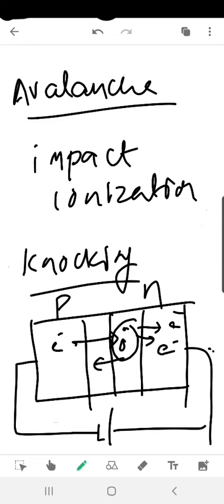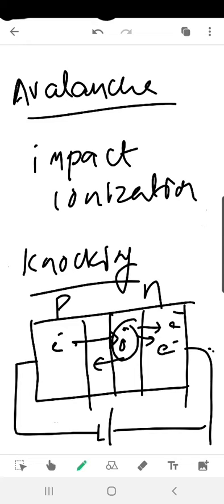The degree of excitation will be high if the carrier generated within the depletion region again undergoes an ionizing collision.